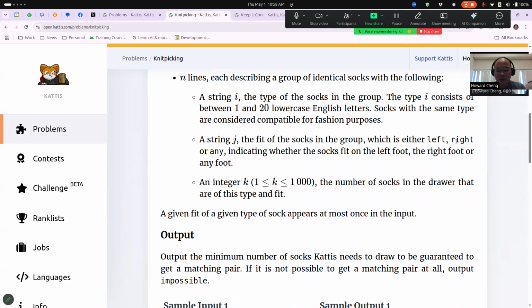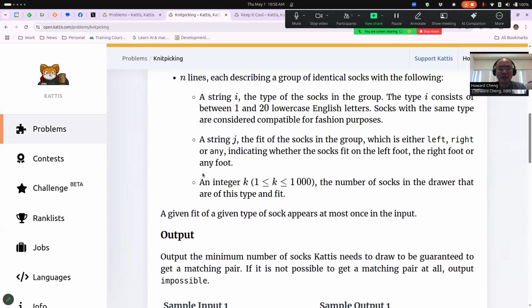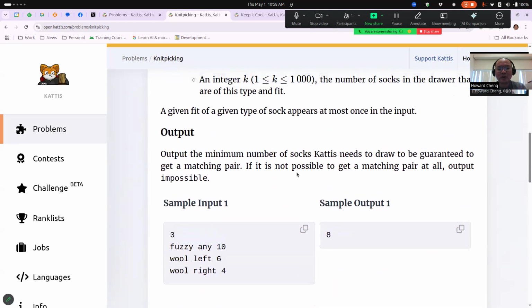Okay, and your goal is to figure out how many socks you need to pick up randomly from the drawer to ensure that there's at least one matching pair, or output if it's not possible. Okay, so let's think about this a little bit.